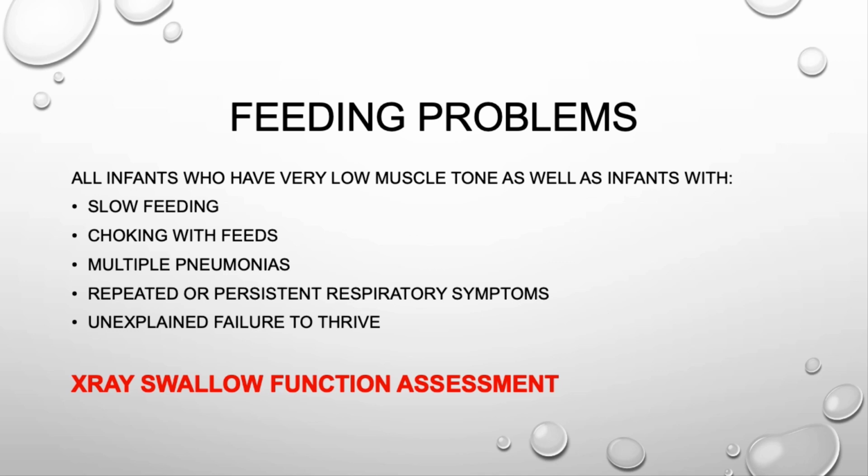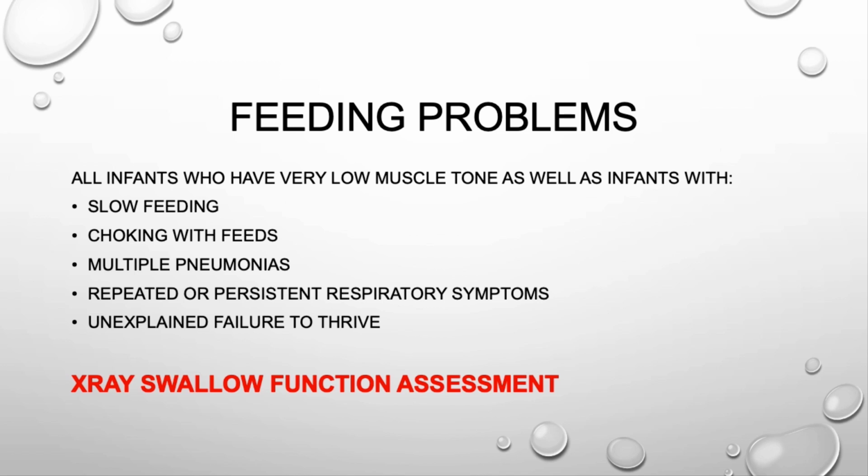If you're not swallowing properly, food or some of the liquid may get into the lungs, the pipe that is not going to the stomach, and end up in multiple pneumonias. That may also manifest in persistent respiratory problems, repeated infections.